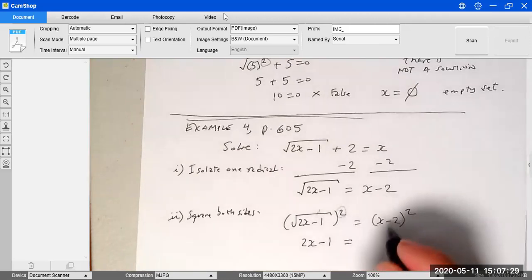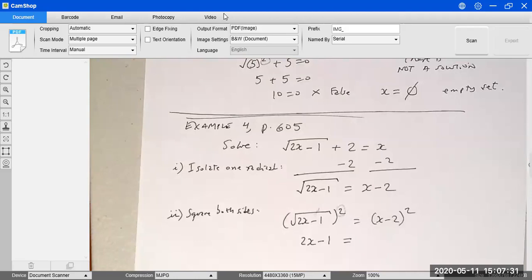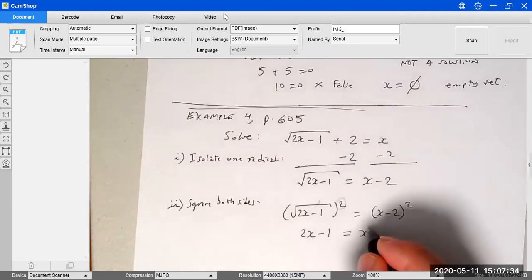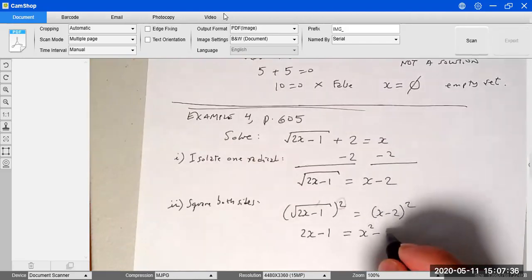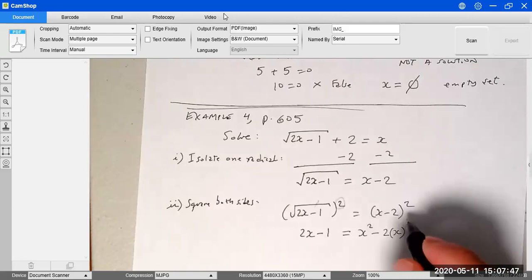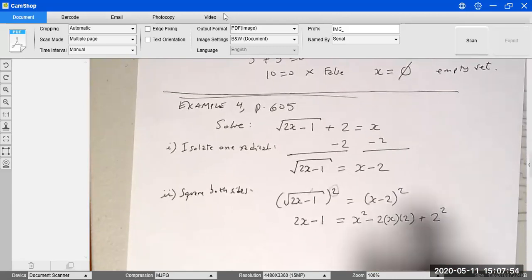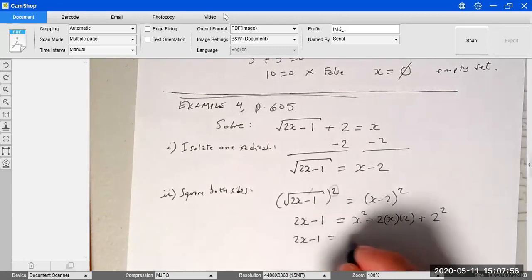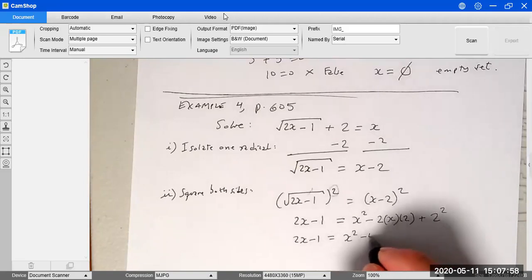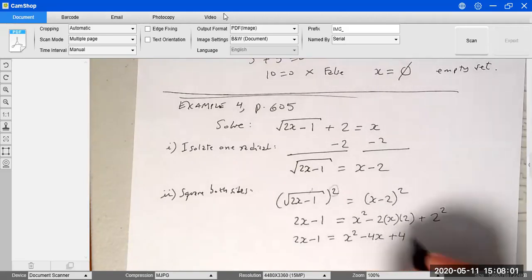The right hand side we need to get the square of this binomial, which is going to be the square of the first term, minus 2 times the first term of this binomial times the second one, plus the square of the second one. So 2x minus 1 is going to be x squared minus 4x plus 4.